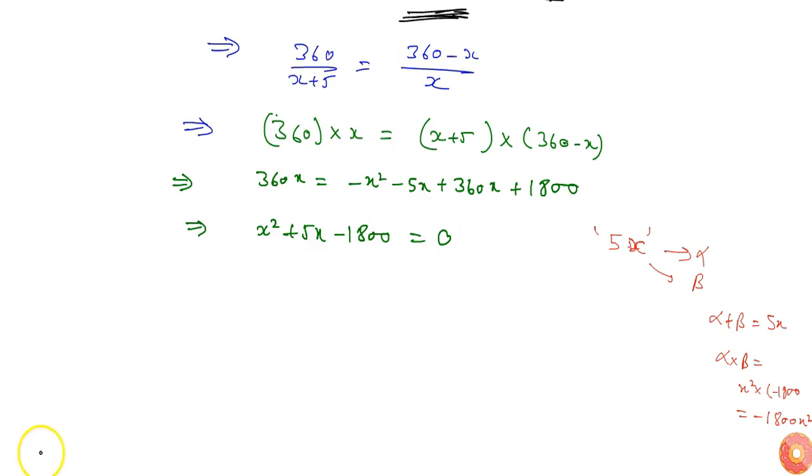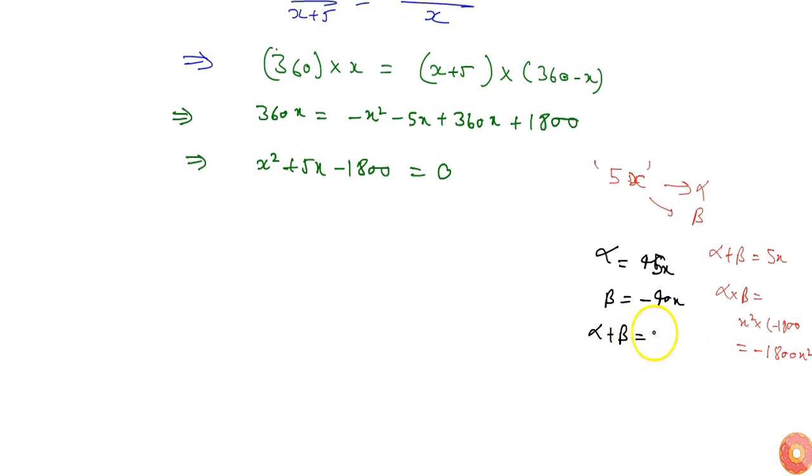So if alpha equals 45x and beta equals minus 40x, then alpha plus beta will be 45x minus 40x, which is 5x, and alpha into beta, which is 45x into minus 40x, will be minus 1800 x square.